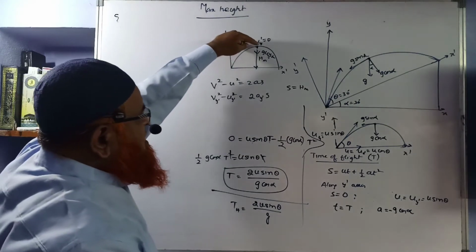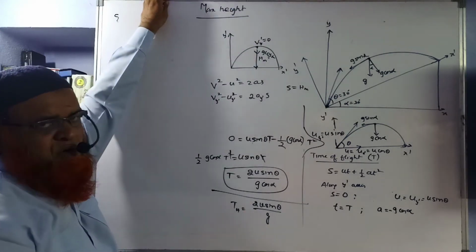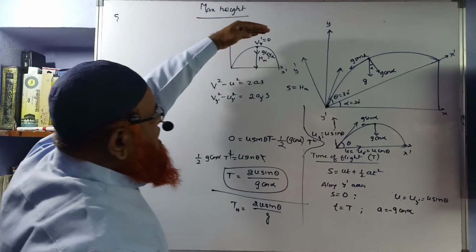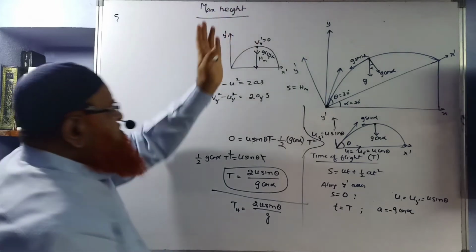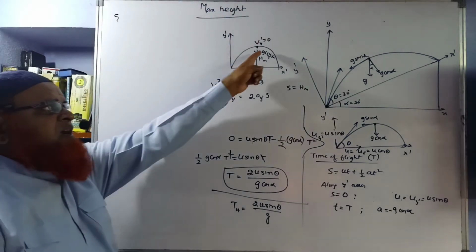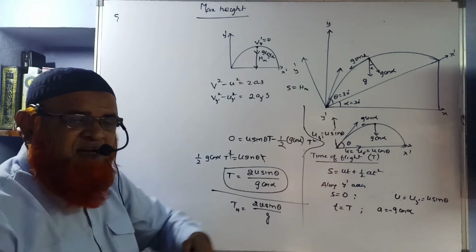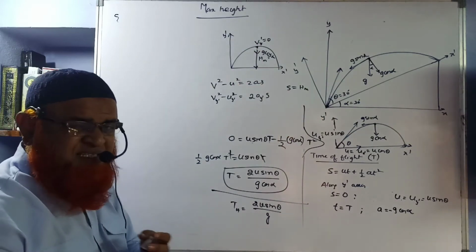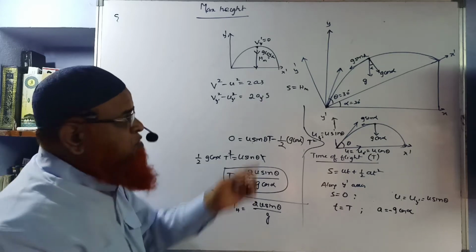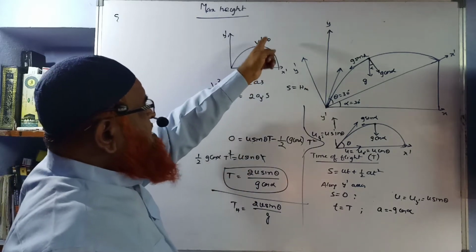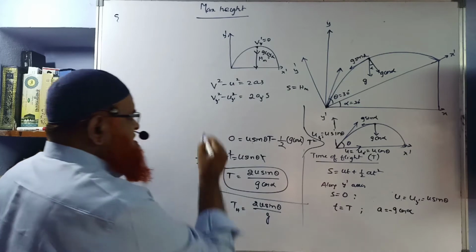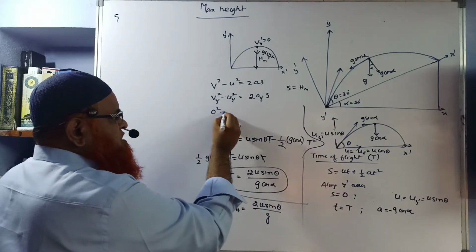At the highest point, Vy dash is going to be 0. Because when you go along the y-axis, if you observe from this side, at the highest point, Vy component is going to become 0 as you are strong in basics. No need to explain all these things now. So Vy dash is going to become 0. Then this part is going to become 0.